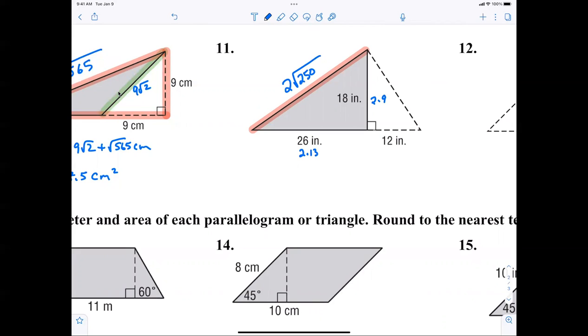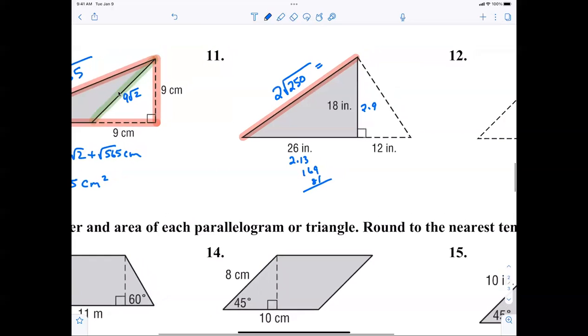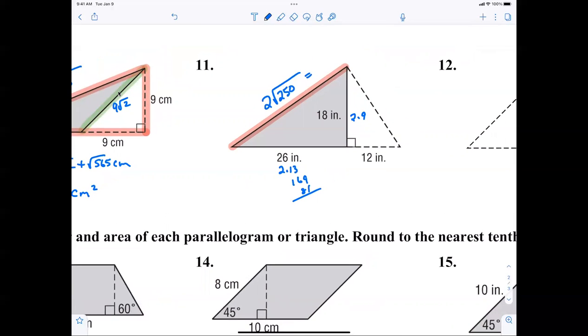So then we can break 250 down, right? Because this is 169 and this is 81. So that's 250. So now what perfect squares in 250? 25. So that would be what? 5 radical 10.